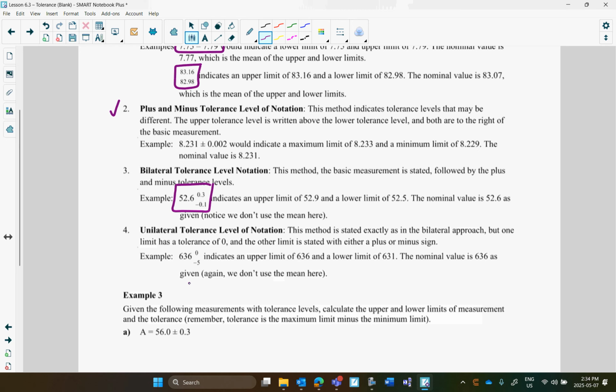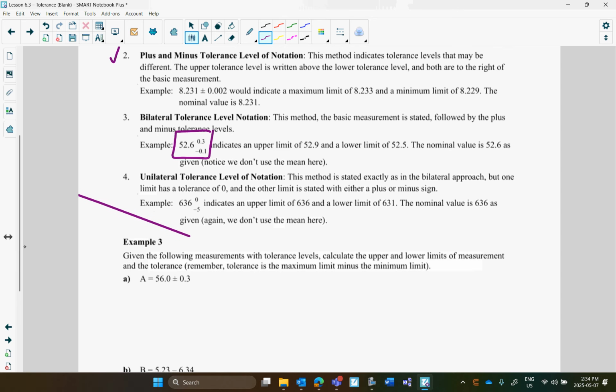We're willing to go up to 52.6 plus 0.3, which is this, and we're willing to go down to 52.6 minus 0.1, which is this. So this is bilateral, because you've got two numbers here.